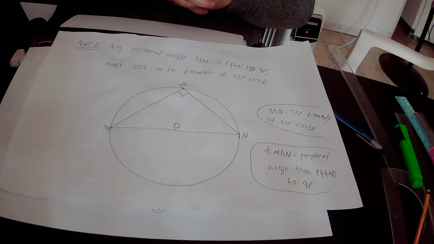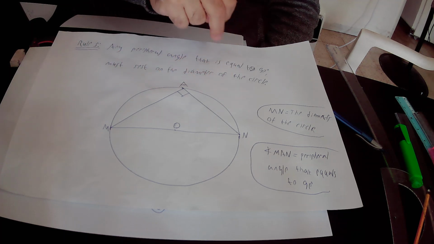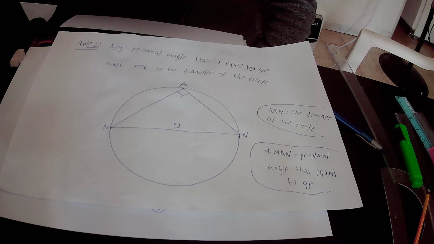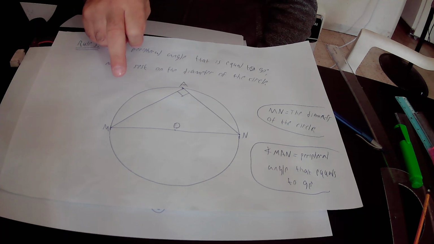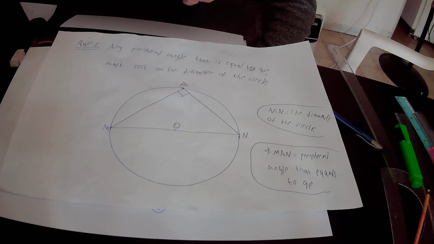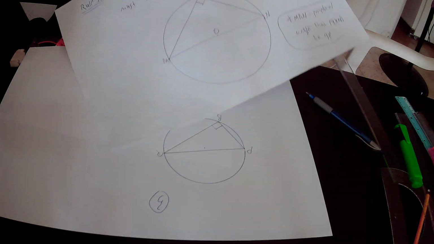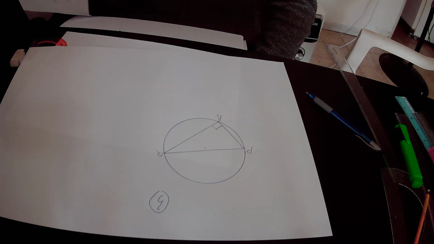So in conclusion, you can say that because peripheral angle MAN is equal to 90 degrees in size, this peripheral angle MAN rests on the diameter of the circle. That is to say, MN is the diameter of the circle. We can actually implement rule number 5 in our drawing. Why?